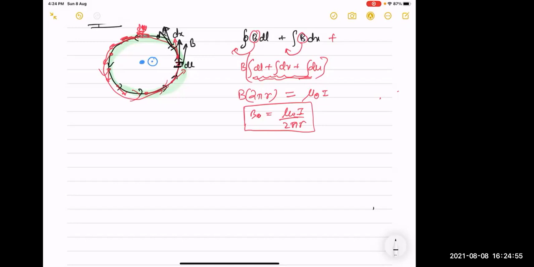R is the radius of the Amperian loop. And what is A? A क्या है? Is A the radius of the circle? Wire का radius. Okay, so even I did the same mistake. I got it.